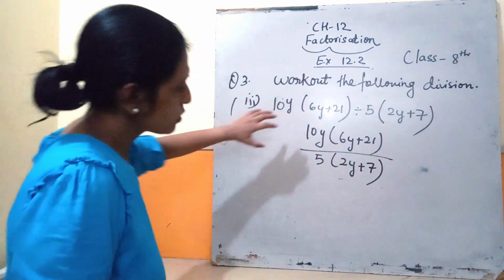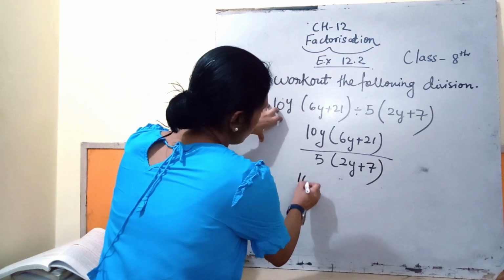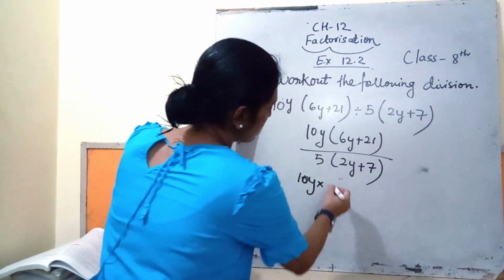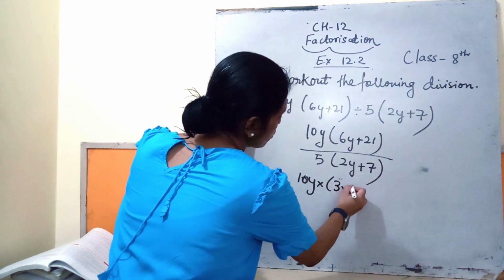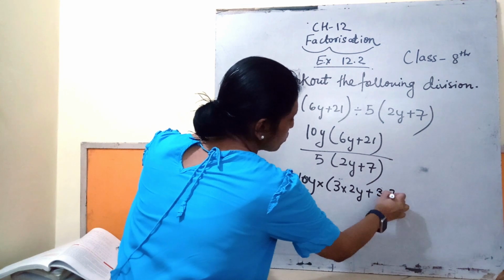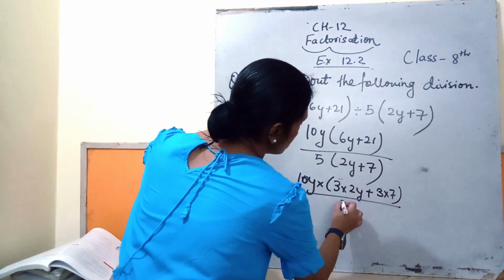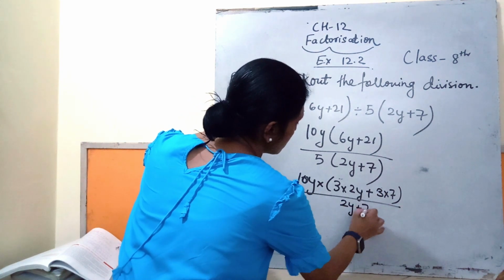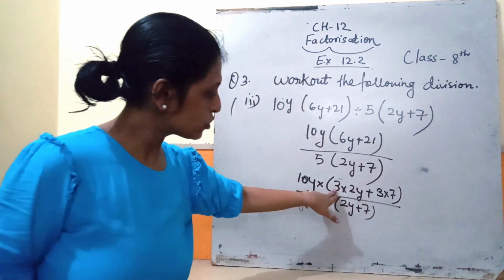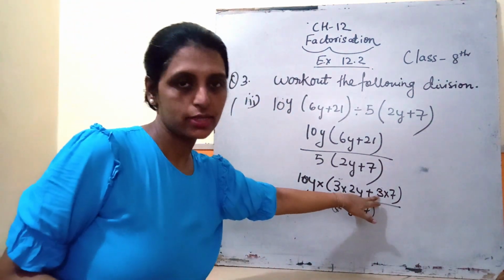First we'll take out the common factor if there is one. So 6y can be written as 3 into 2y, plus 21 can be written as 3 into 7, upon 2y plus 7.